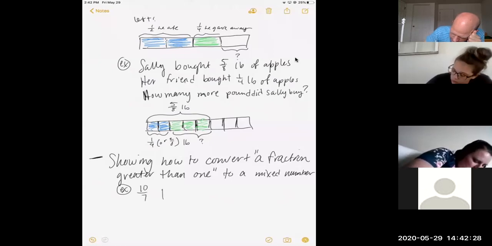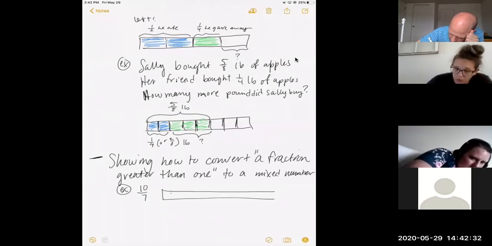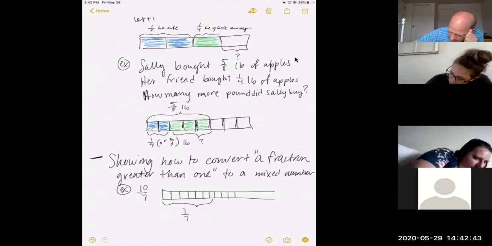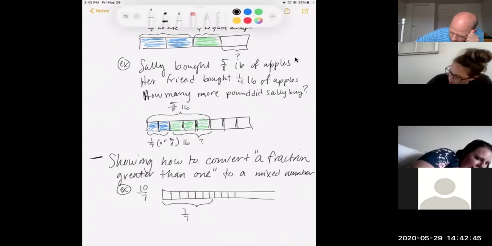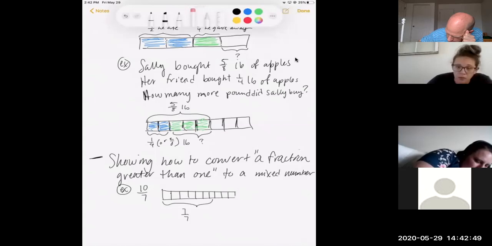So our example for that is 10/7. I want to show a picture of 10/7. So I can just count off 7ths. 1, 2, 3, 4, 5, 6, 7. There's 7 of those right here. 8, 9, 10. And that's all I got. Here's the rest of it. So there's 10/7 here.